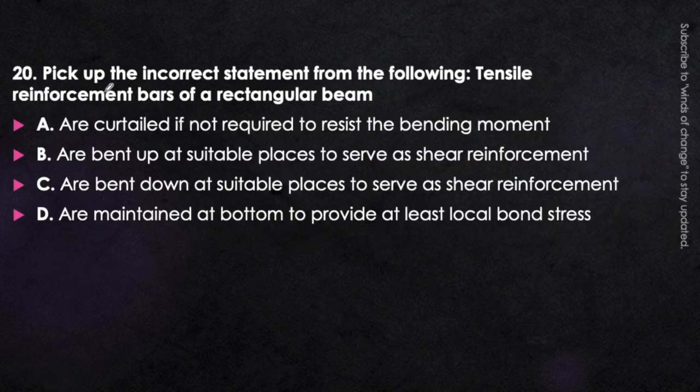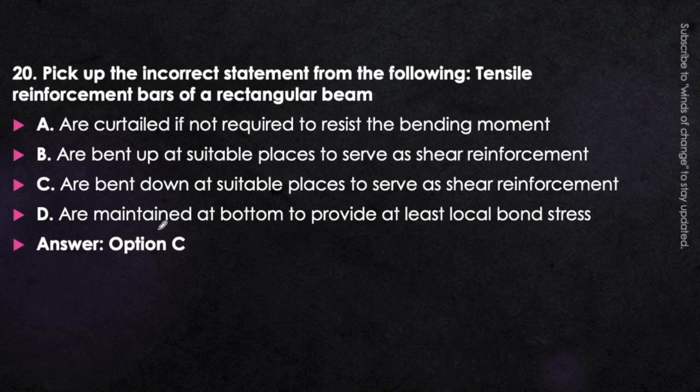Next question. Pick up the incorrect statement from the following. Tensile reinforcement bars of a rectangular beam are curtailed if not required to resist the bending moment, are bent up at suitable places to serve as shear reinforcement, are bent down at suitable places to serve as shear reinforcement, or are maintained at the bottom to provide at least local bond stress. Just think about it. We have to find the incorrect statement about the tensile reinforcement bars of a rectangular beam.